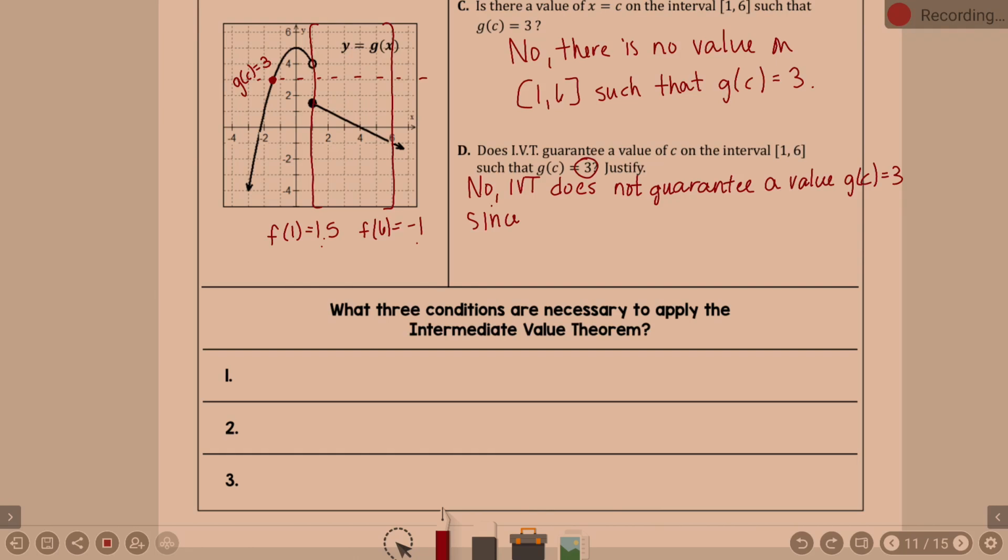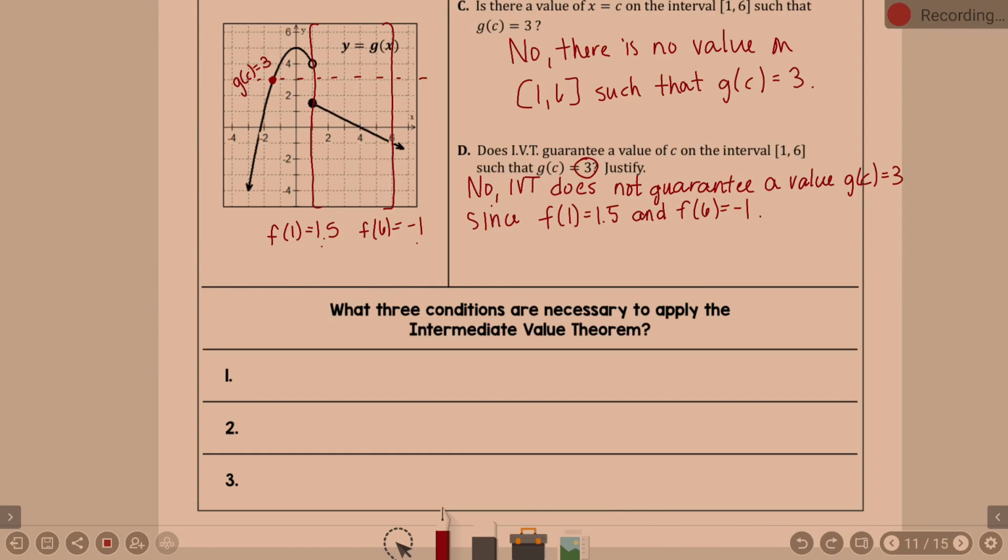Since f of 1 equals 1.5 and f of 6 equals -1. In all honesty, by stating those endpoints, to a math person, you have proved it.